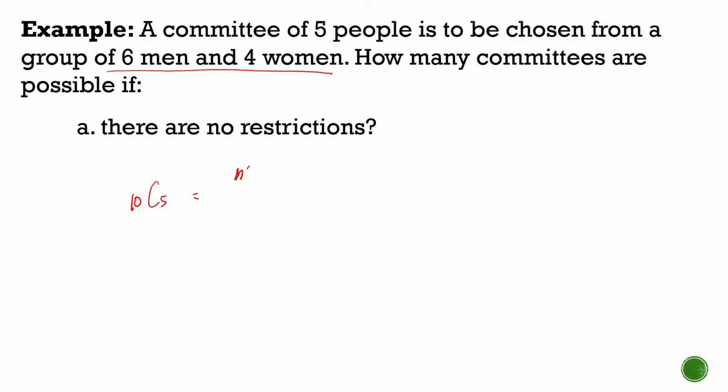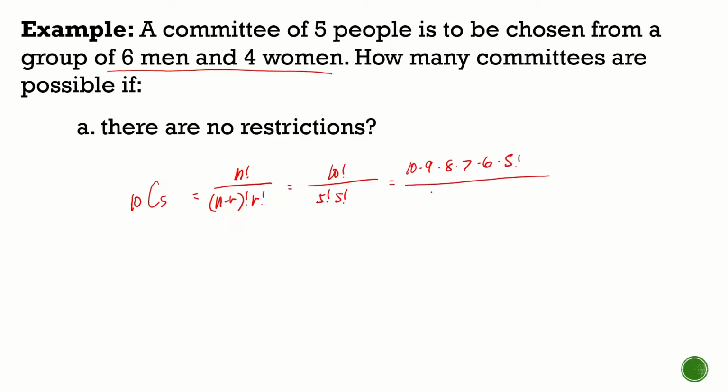Using the formula n factorial all over n minus r factorial times r factorial, n is 10. N minus r, 10 minus 5, is 5 factorial times 5 factorial, which is equal to 10 times 9 times 8 times 7 times 6 times 5 factorial.